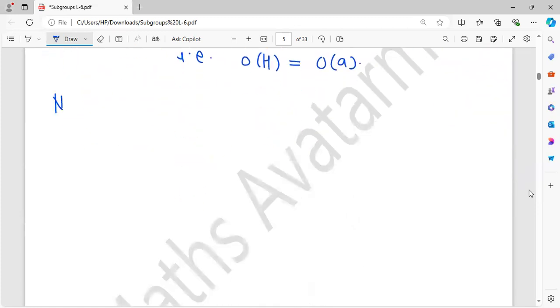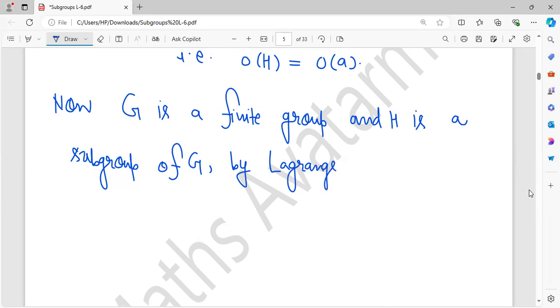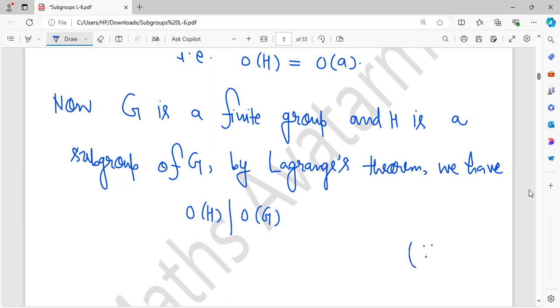Now G is a finite group, and H is a subgroup of G. By Lagrange theorem, we have the order of H divides the order of G. But the order of H is equal to the order of a.